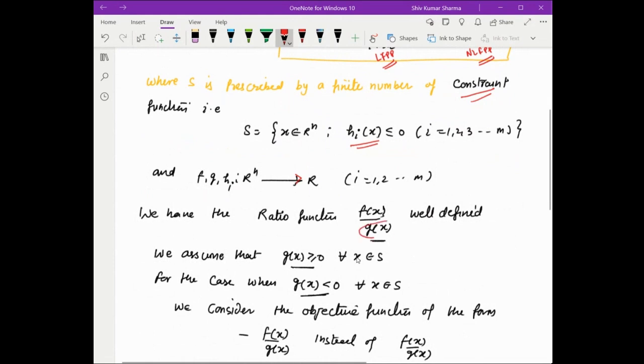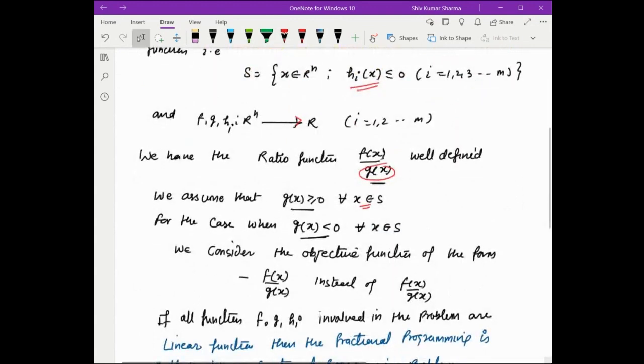This is known as the ratio function. The denominator is greater than or equal to 0 for every x belonging to S. So we write the objective function in this form: ratio function f(x) upon g(x) when g(x) is greater than or equal to 0.